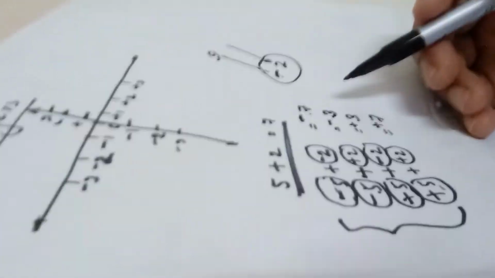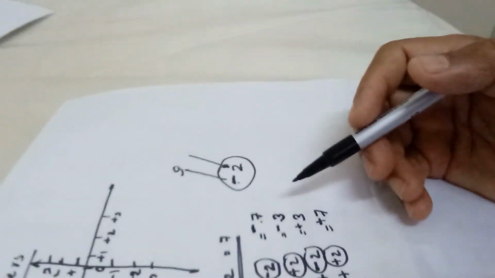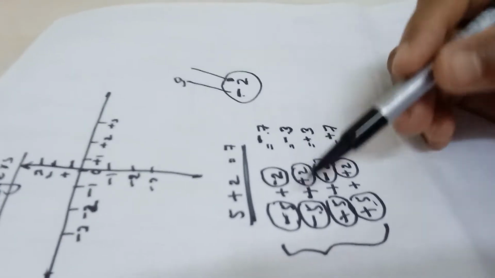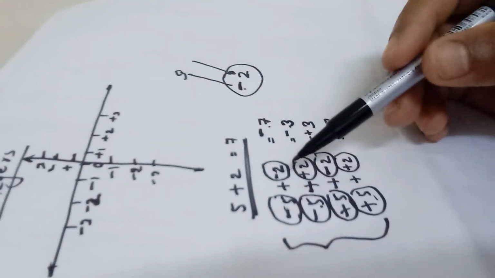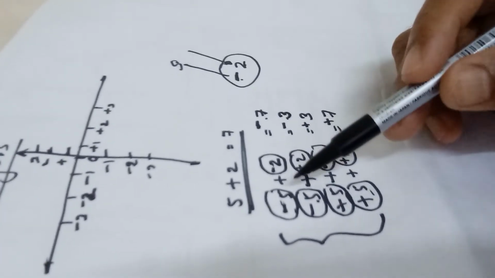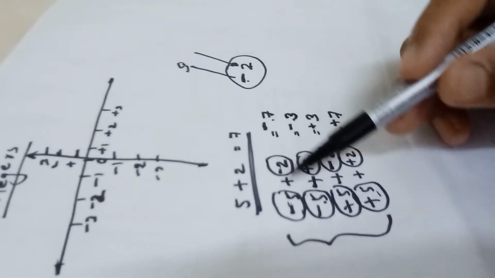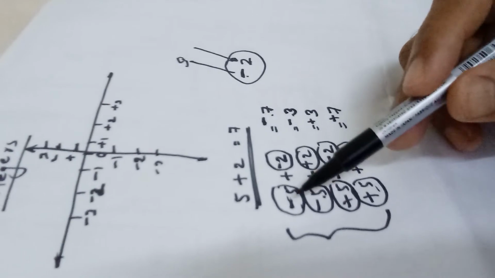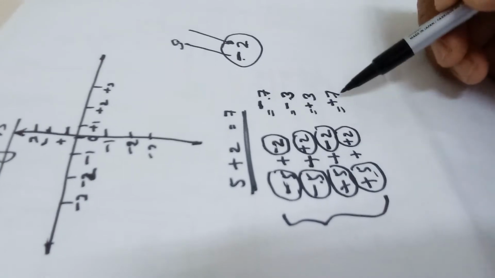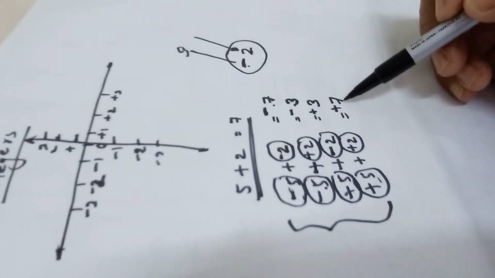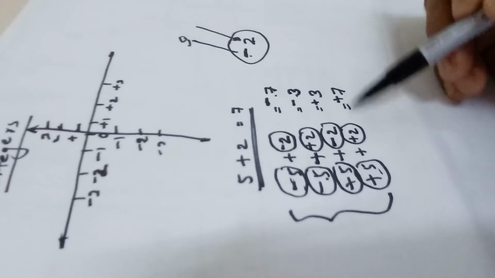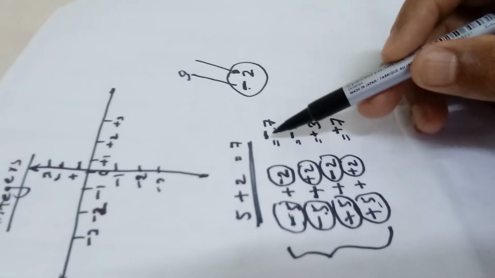Actually, two basic principles are used in the addition of two integers. What are the basic principles? When two numbers are added, we first consider the sign of the numbers. If both signs are the same, the answer is obtained by adding the numerical values, and the sign is the same sign as the two numbers.